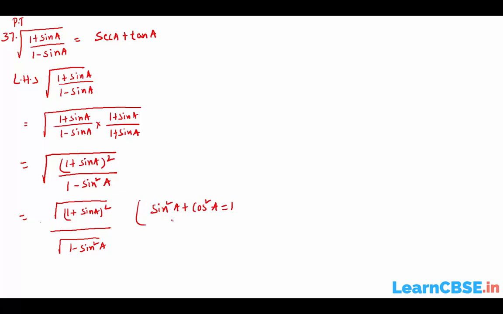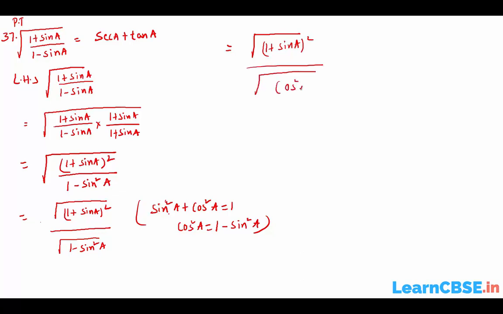From this, cos square A equals, transposing sin square A to the right side, 1 minus sin square A. So here in the place of 1 minus sin square A, I can replace cos square A. Let me do it: square root of 1 plus sin A whole square, divided by square root of cos square A.